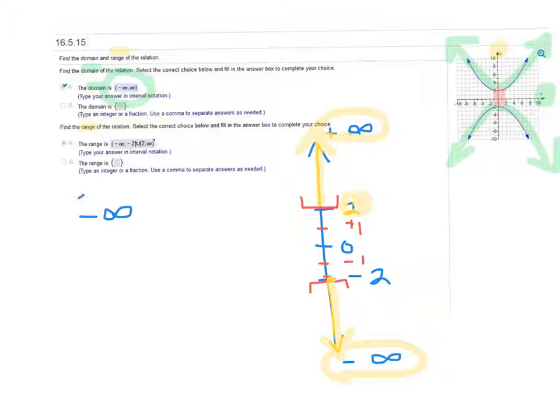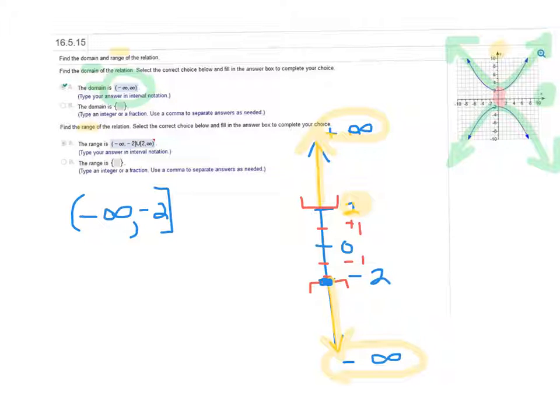And negative infinity always gets a parentheses in interval notation. And then it goes up to, and it includes -2. So that means we'll use the square bracket.